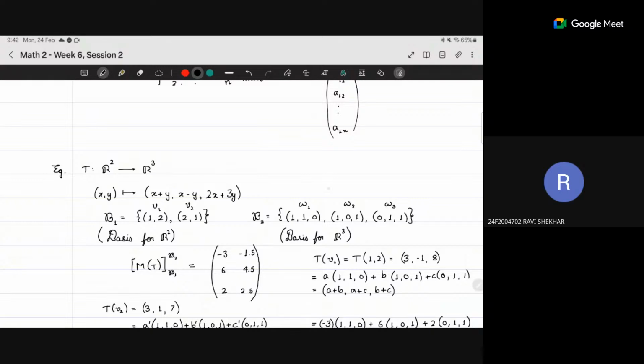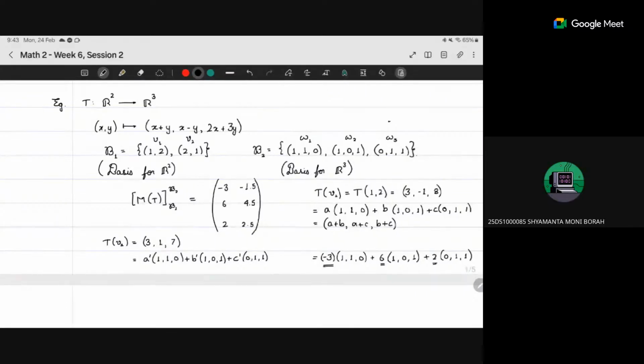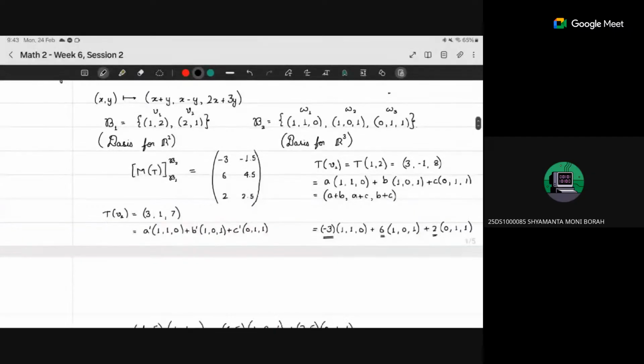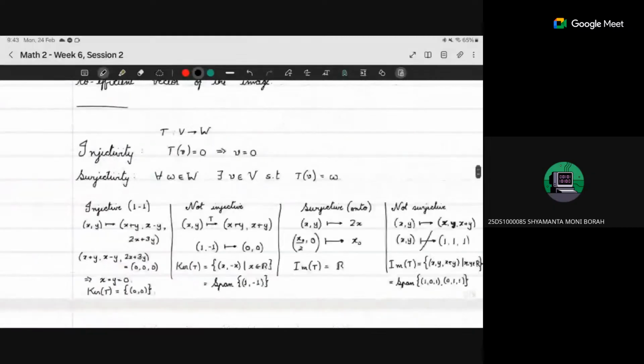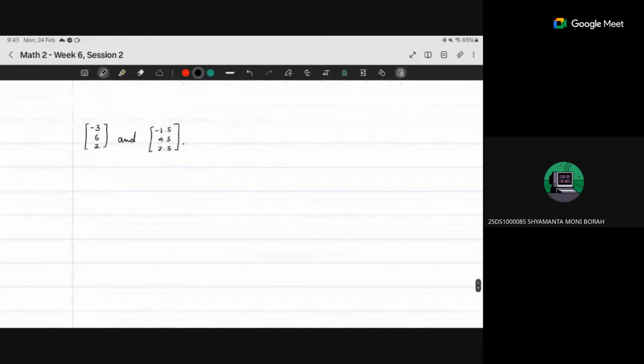This is (3, -1, 8) and (3, 1, 7). That happens to be the span. Since it is injective, this is actually kind of obvious, but (3, -1, 8) and (3, 1, 7) is a basis for the image. So this is how you get a basis.